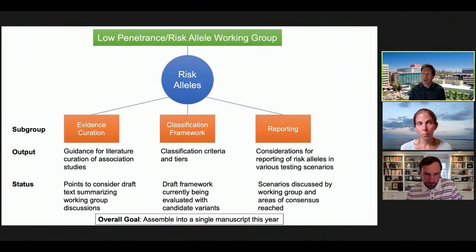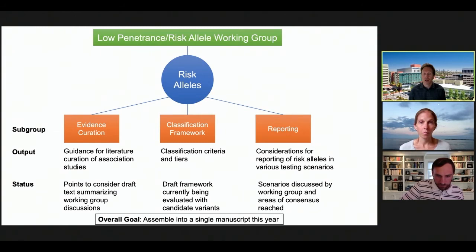So I think it's reasonable to call something a risk allele at this time. You may not want to jump the gun and call it an established risk allele if you don't feel 100% confident, because at the end of the day with the framework it might end up being a likely risk allele. So that's just one thing to keep in mind. But I don't think we have any strong recommendations for how to handle the situation.